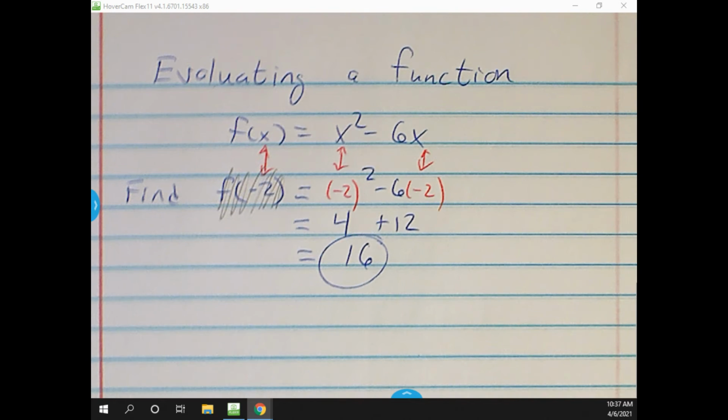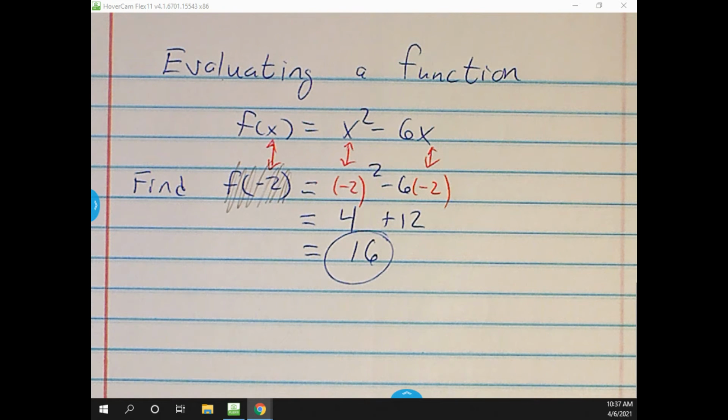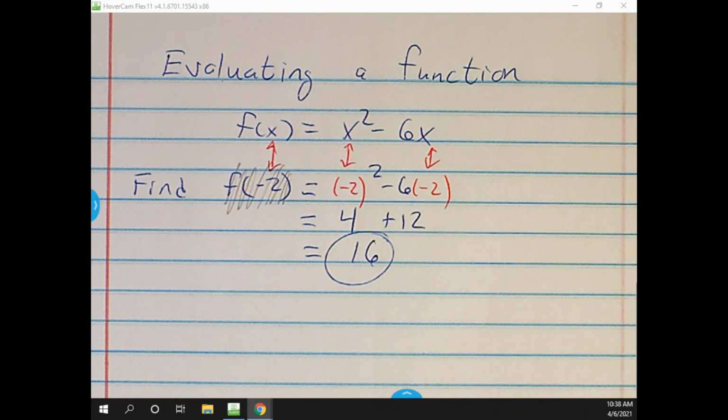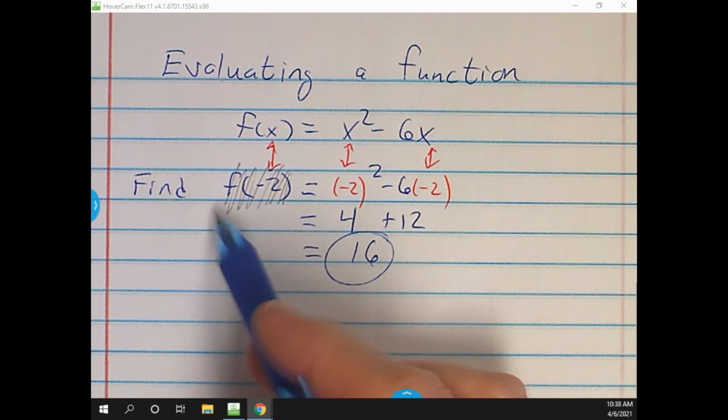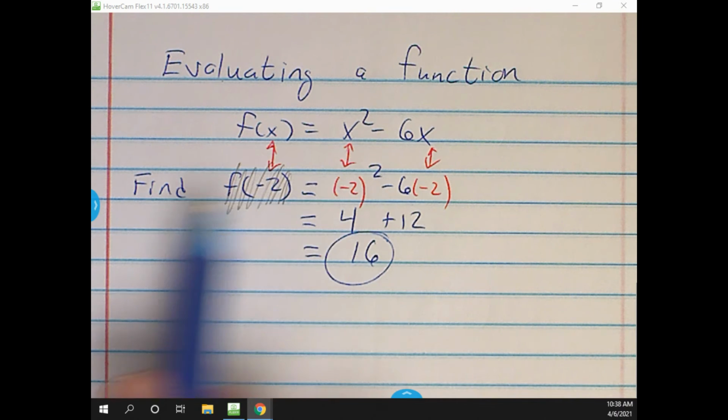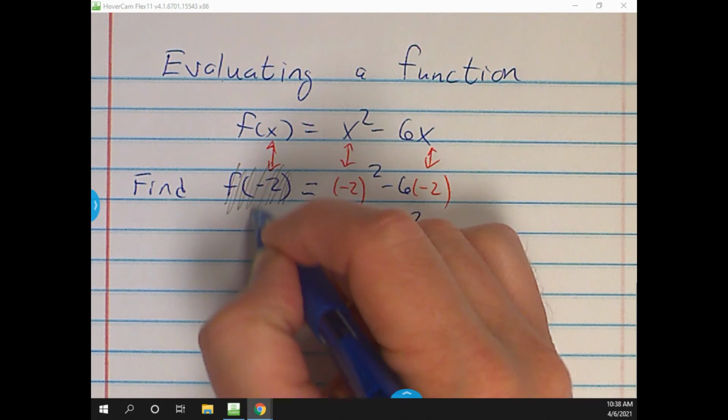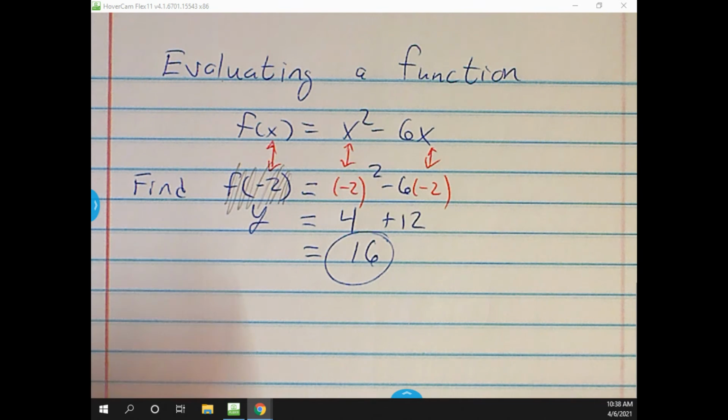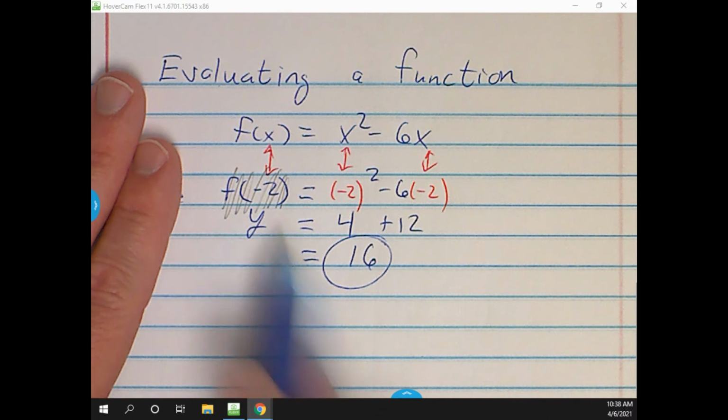Okay, and I was thinking we had done that, but I couldn't remember because the normal flow with everything with PLP hasn't quite gone like it normally does. So if you've got to evaluate a function, they give you the number to plug in, and the f part of the function is kind of like y equals. You're just plugging this number in and you don't do anything with the left-hand side up here.